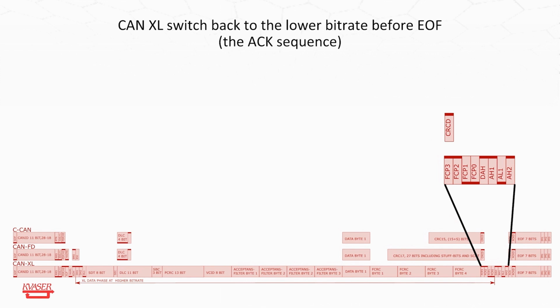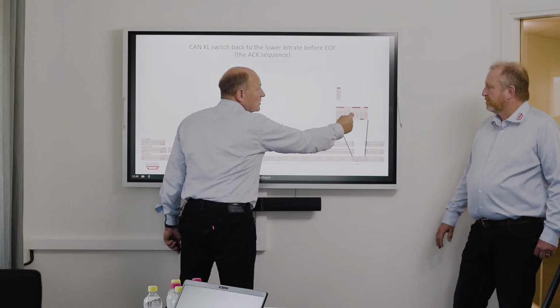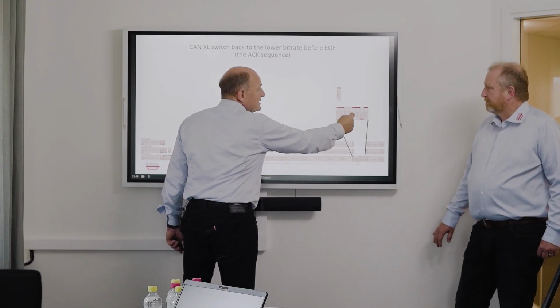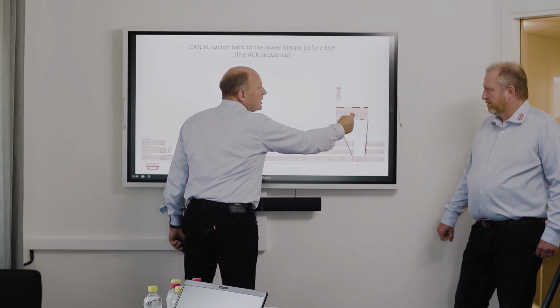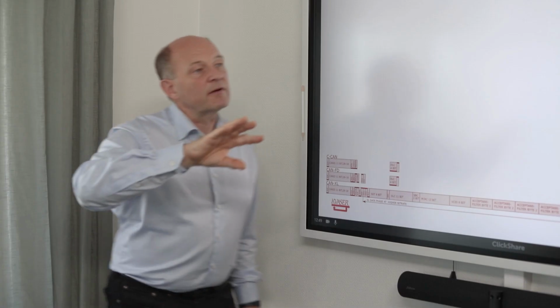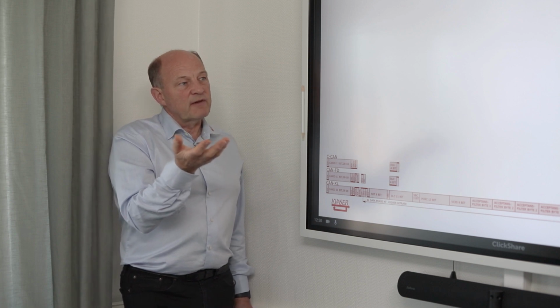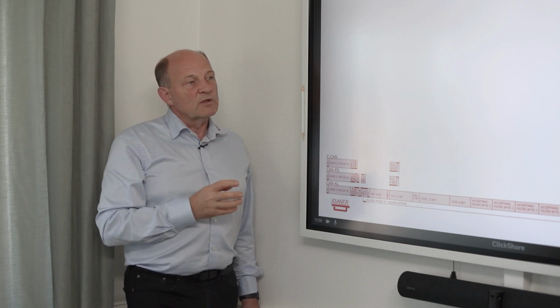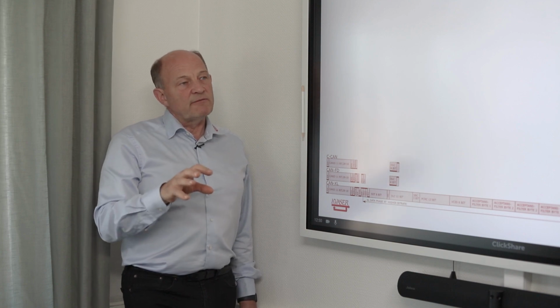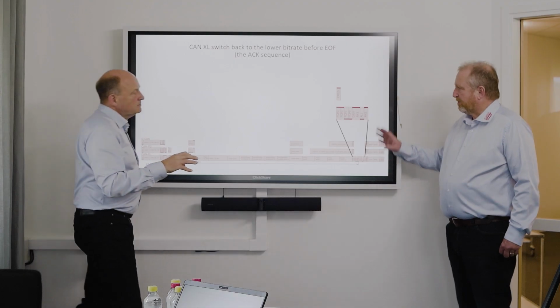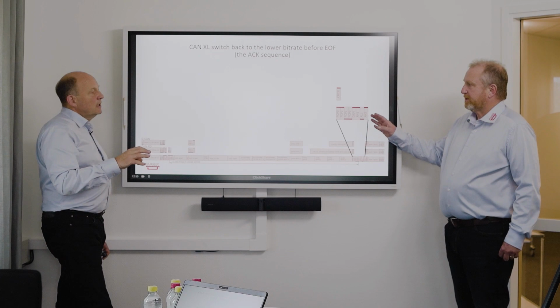And then we have the data-to-arbitration bit, where the CAN-XL controller will stop sending PWM, which indicates to the driver that we send in push-pull mode. And then the CAN driver will switch the output driving stage and the input driving stage to match the old traditional dominant recessive level. So we change the behavior and also the speed at the same time.